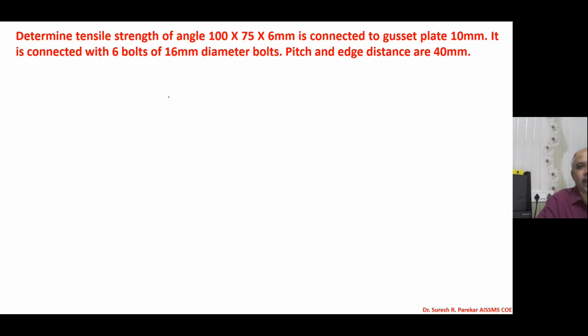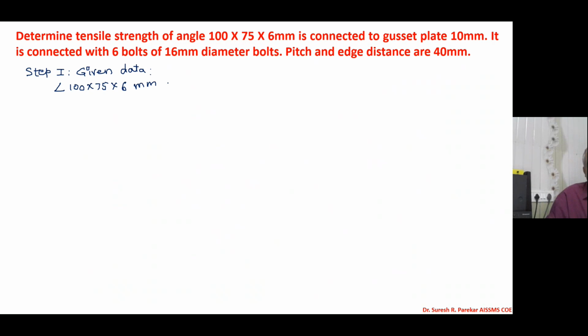So now we have given this section. Step 1: you have to follow the same steps in the exam. Step 1, given data. What is given? We have given angle 175.6 millimeter.